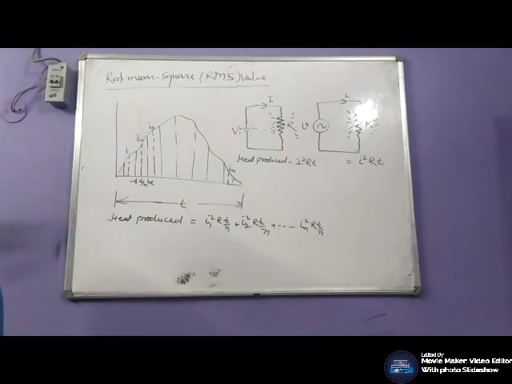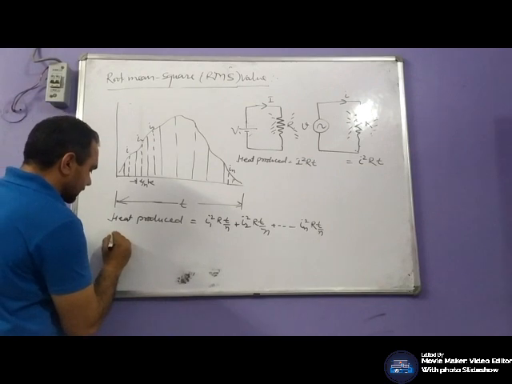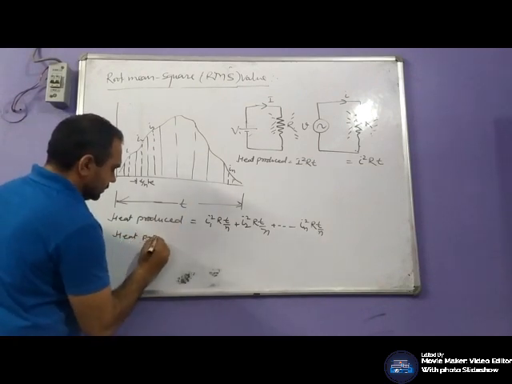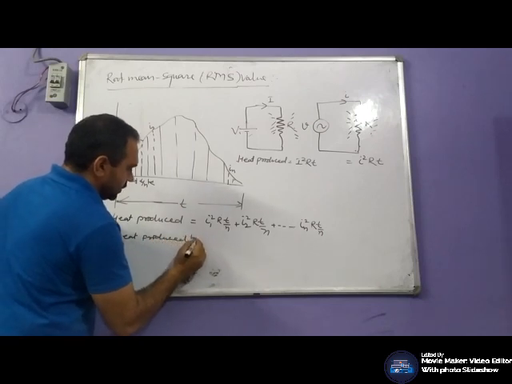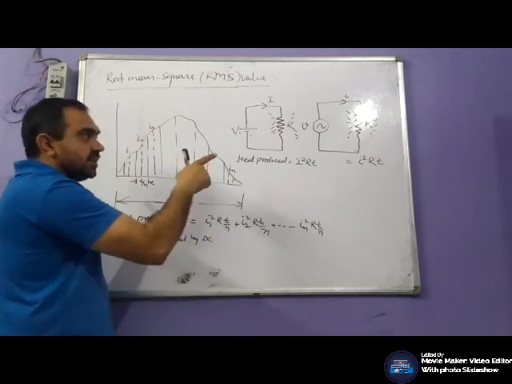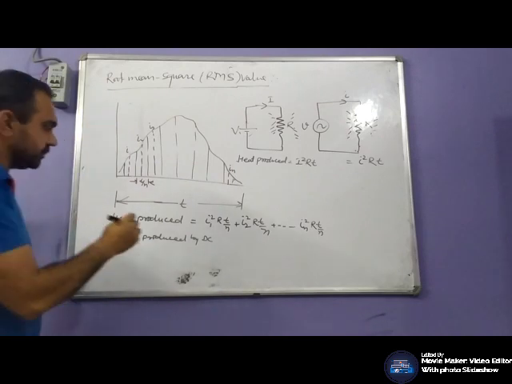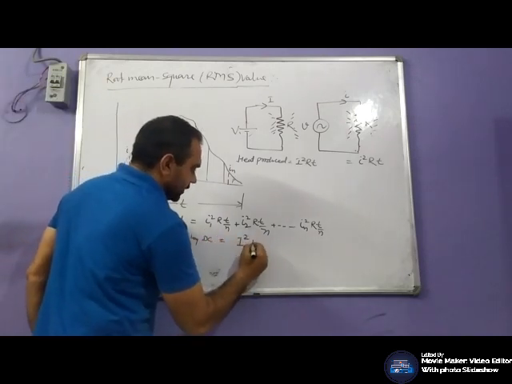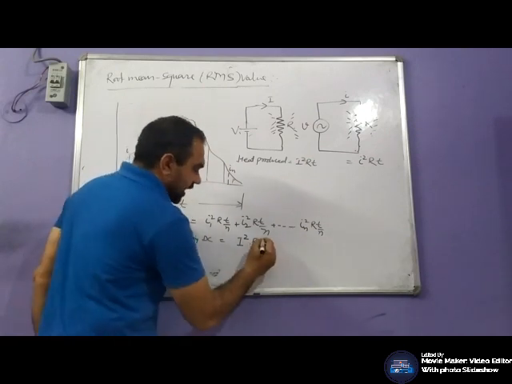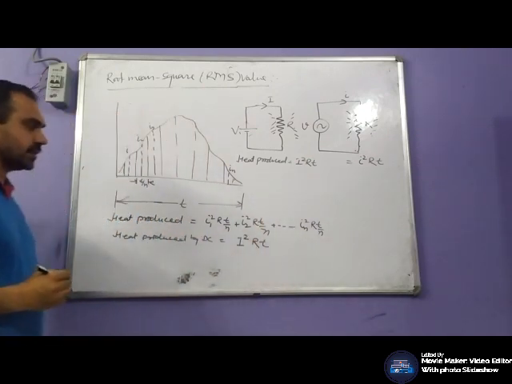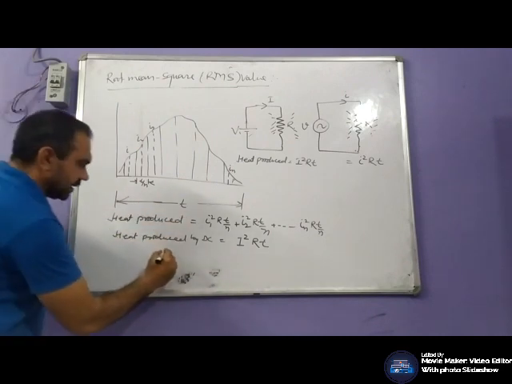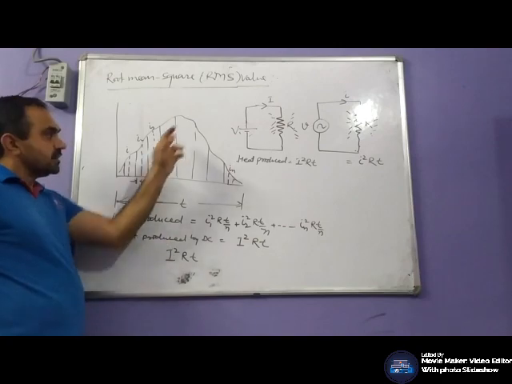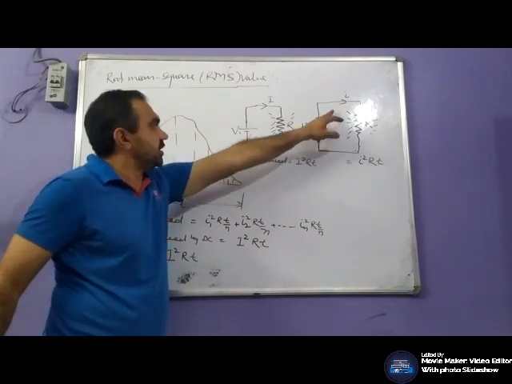This equals the heat produced by DC, the steady state current, in a given resistance in the same time. I is the current, R is the resistance and total time is T, and they would be the same. Then this current would be the RMS value of this particular alternating quantity.